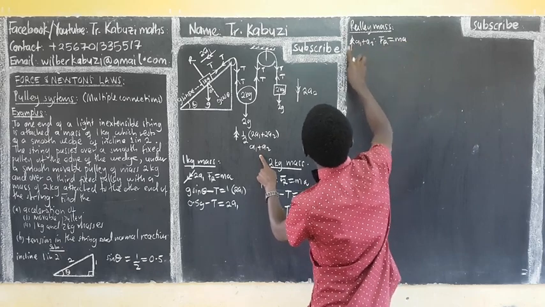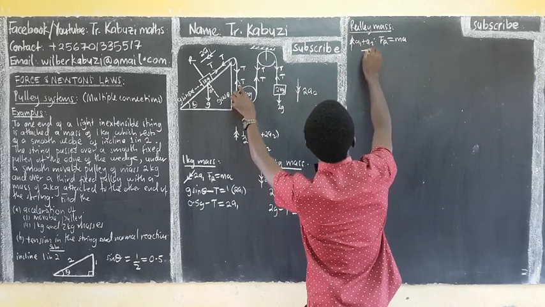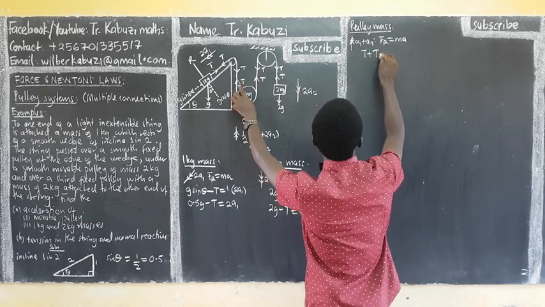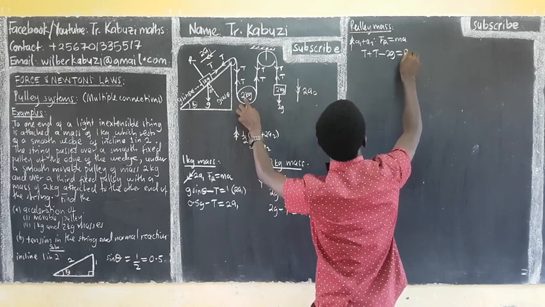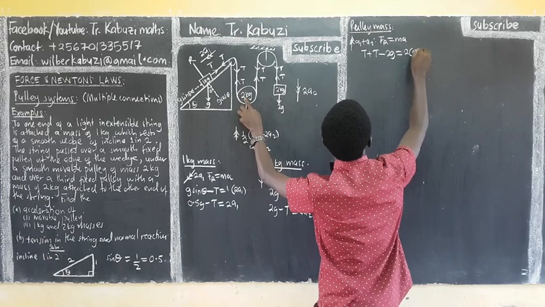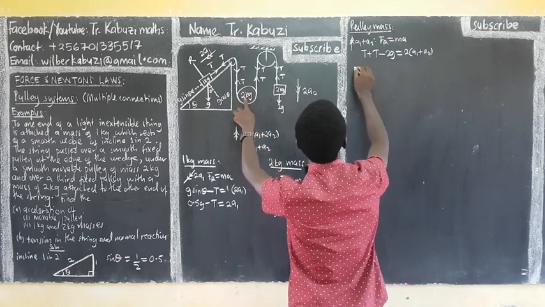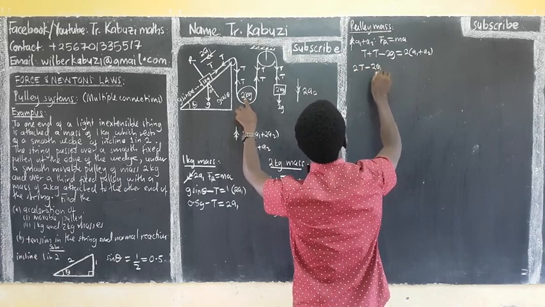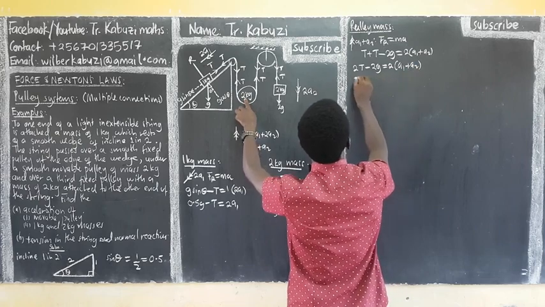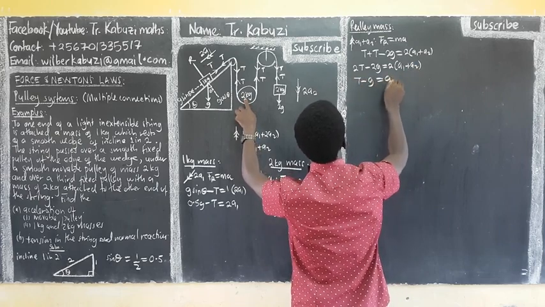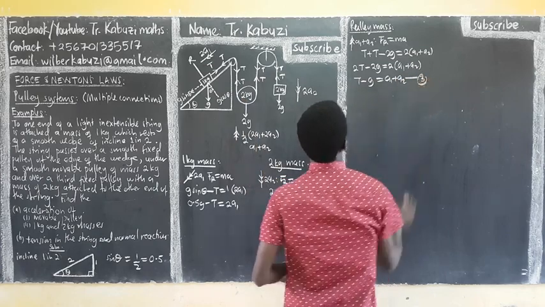What is pulling it up? We have this and this. So we have T plus T, then minus the force opposing, equal to the mass of this pulley, which is 2, times its acceleration, which is A1 plus A2. So 2T minus B equals 2 times A1 plus A2, and this will be our third equation.